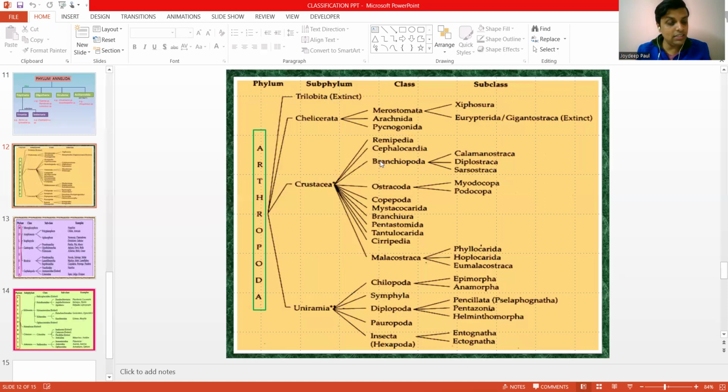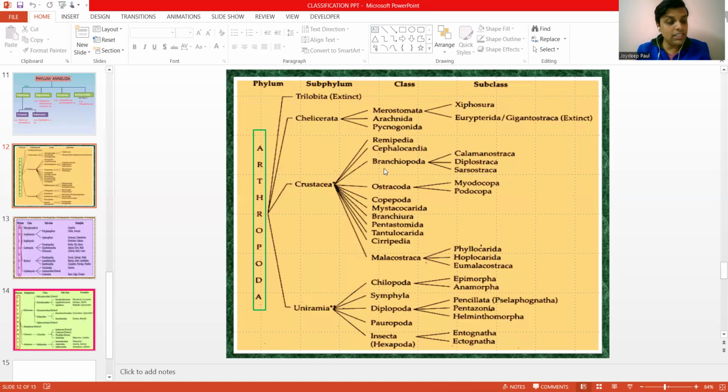They were widely distributed in the Paleozoic era. The second subphylum is Chelicerata. The first pair of appendages are chelicerae, the second pair are pedipalps. Body is divided into prosoma, that is cephalothorax, and opisthosoma, that is abdomen.